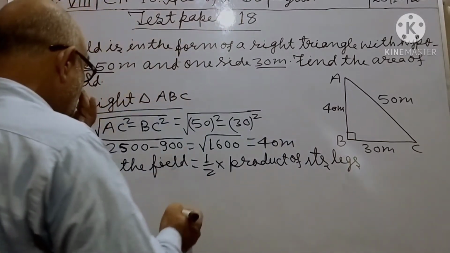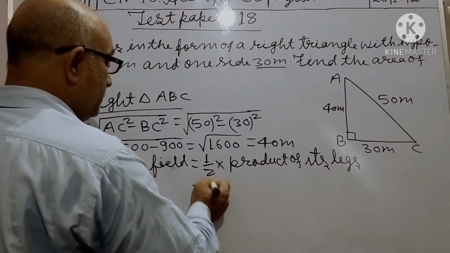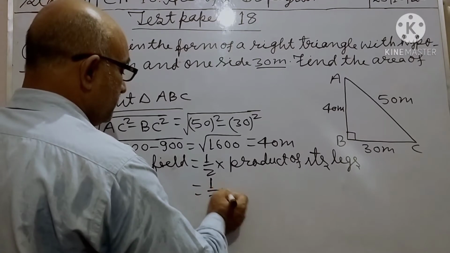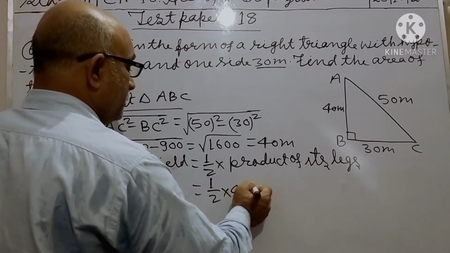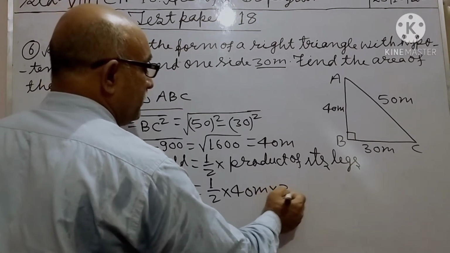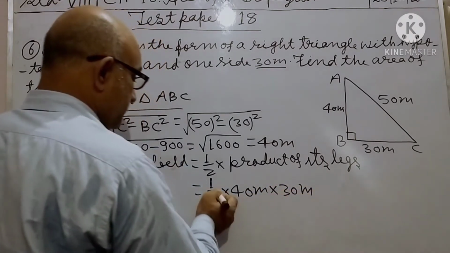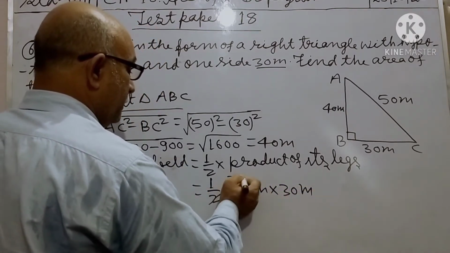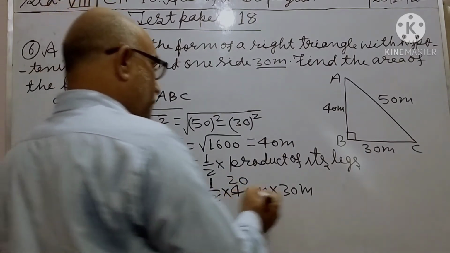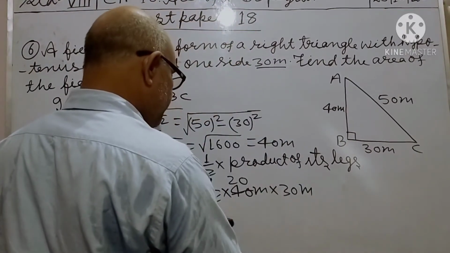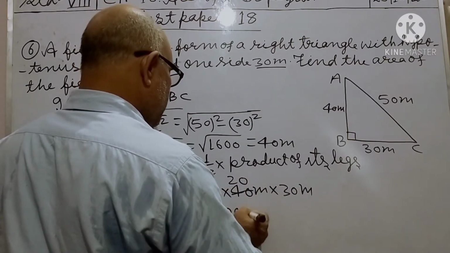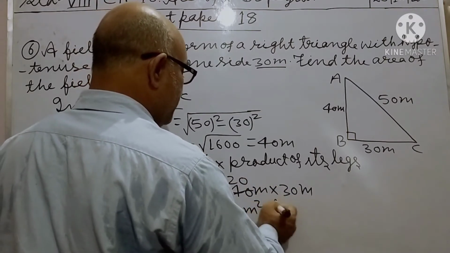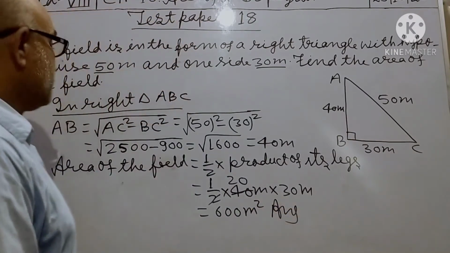Product of its legs equal to 1 by 2 into 40 meter into 30 meter. 2 twos are 40, equal to 40 into 30, 3 fours are 12, 600 meter square. Answer of this question.